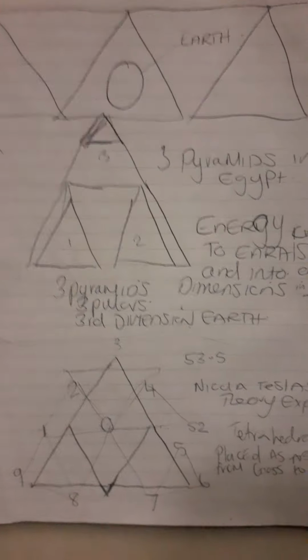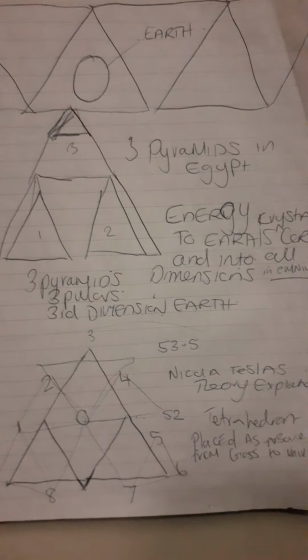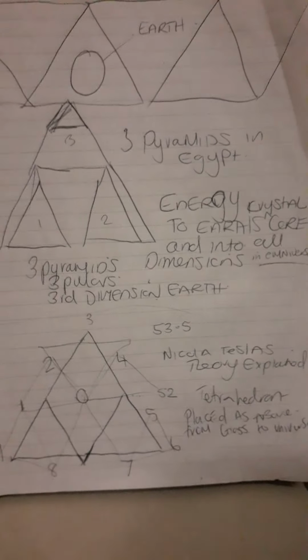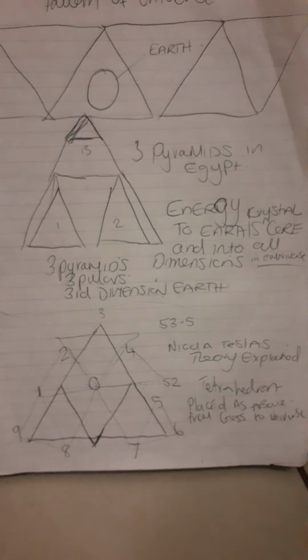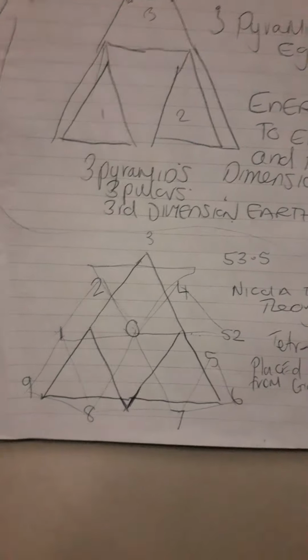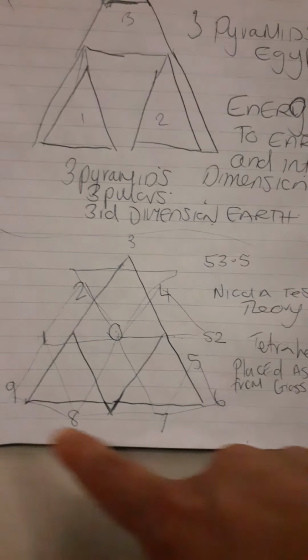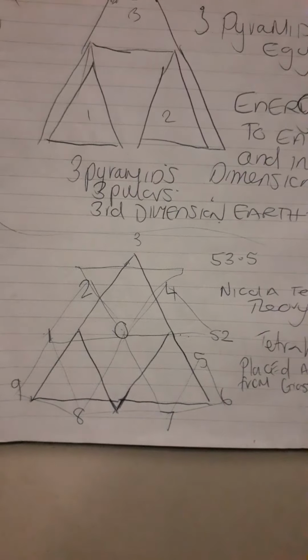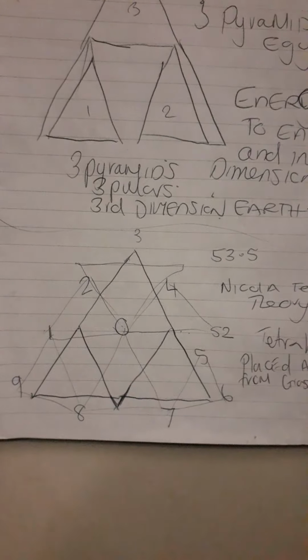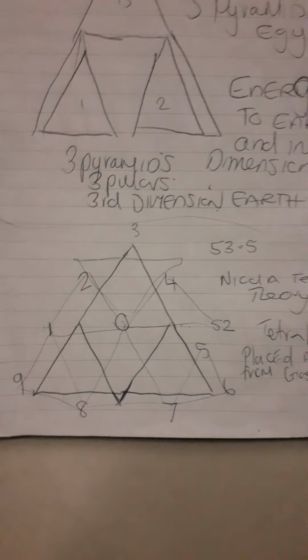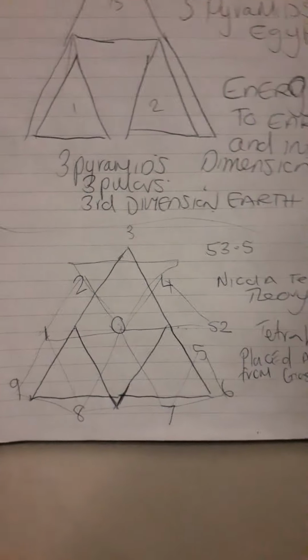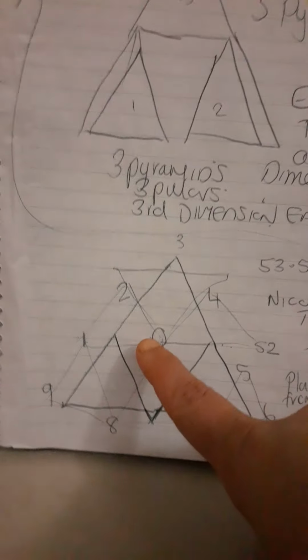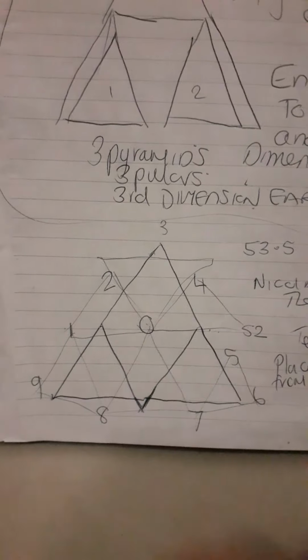Then we have Nikola Tesla's theory, I'm right into that because he's pretty spot on. So here I have a demonstration of 3, 6, and 9, the points. And then the 2 pyramids in front, so obviously everything's 3D. Then we have our 0 point, which is in the middle of the pyramid.